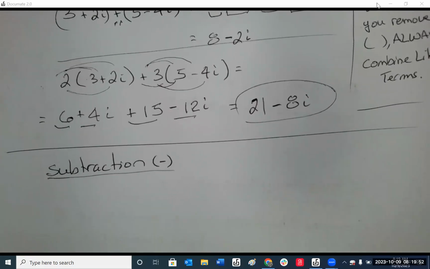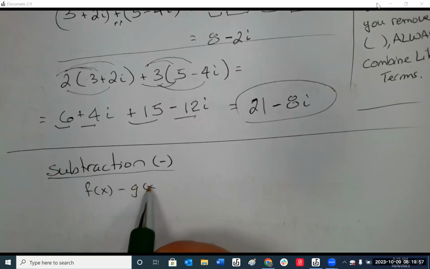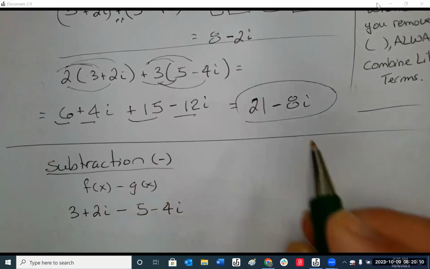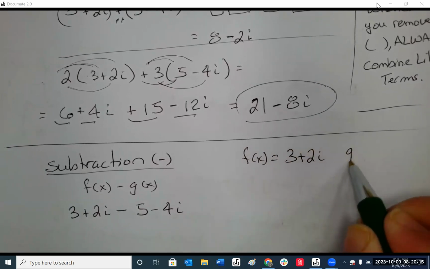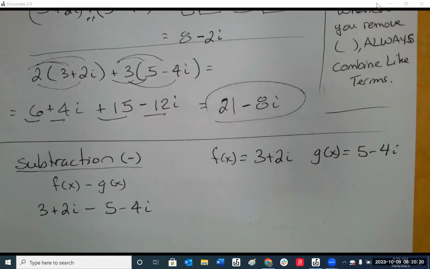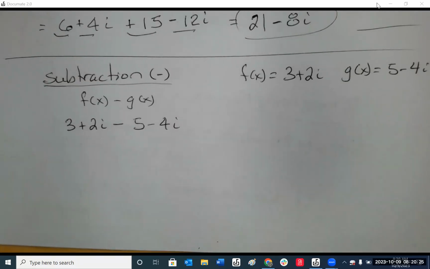Subtraction. We're going to do f of x minus g of x. So f of x, if we don't use parentheses, remember f of x was 3 plus 2i, and g of x was 5 minus 4i. If I don't use parentheses, do I still have those same functions?